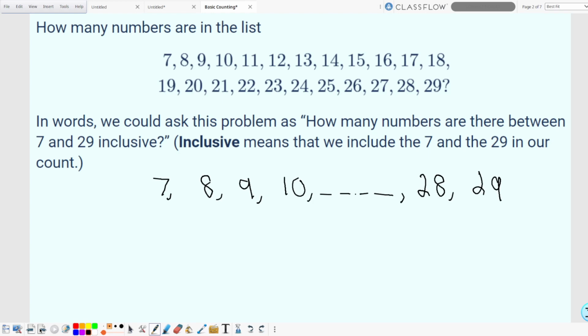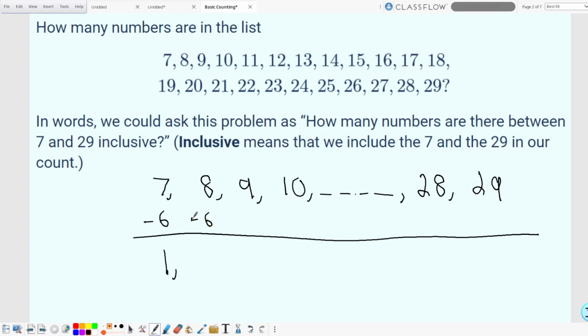Well, to get 7 to become 1, you would subtract 6, because 7 minus 6 is 1. What happens if I keep subtracting 6? If I subtract 6 from 8, that gets me 2. If I subtract 6 from 9, that gets me 3. If I subtract 6 from 10, I get 4. And so on.